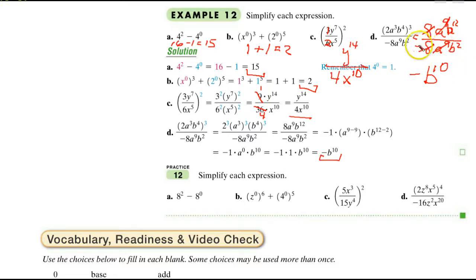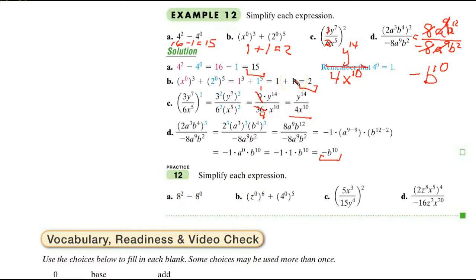These cancel out completely, and here I have a positive 8 divided by a negative 8, which is a negative 1 that we don't write. Okay. And I guess that's it.